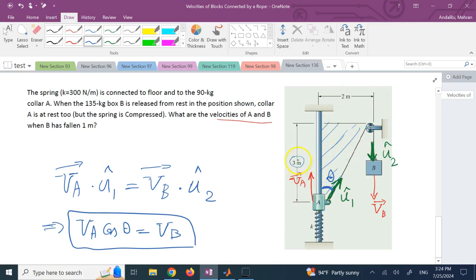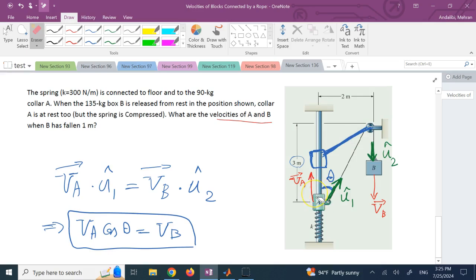Now, this 3 is the initial distance from A to this pulley. As this A moves up, it's going to be different. So here you can assume that right now A has gone up like this, and this is now your rope, okay?